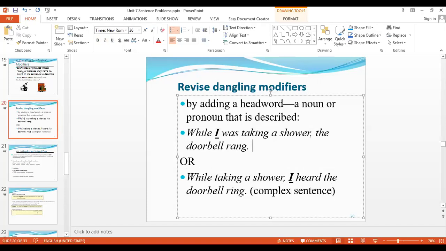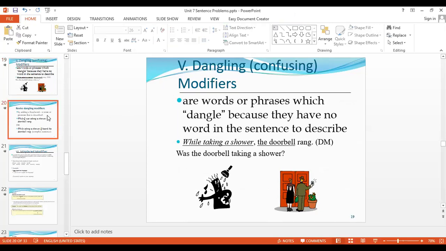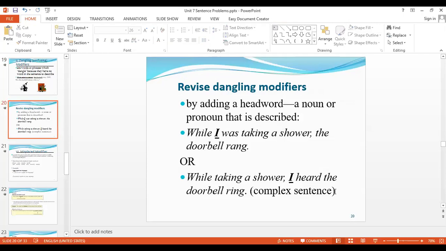But when we put it like this, what is it called, everybody? While taking a shower, the doorbell rang, we call what, everyone? Dangling modifier. And when we correct it, it becomes a complex sentence.